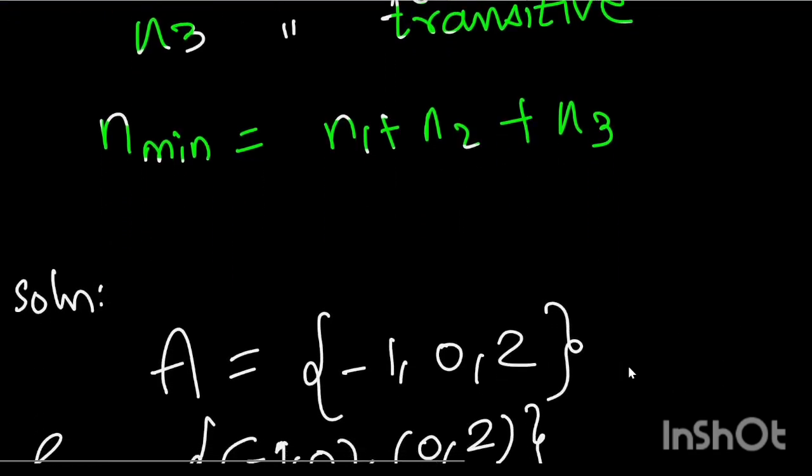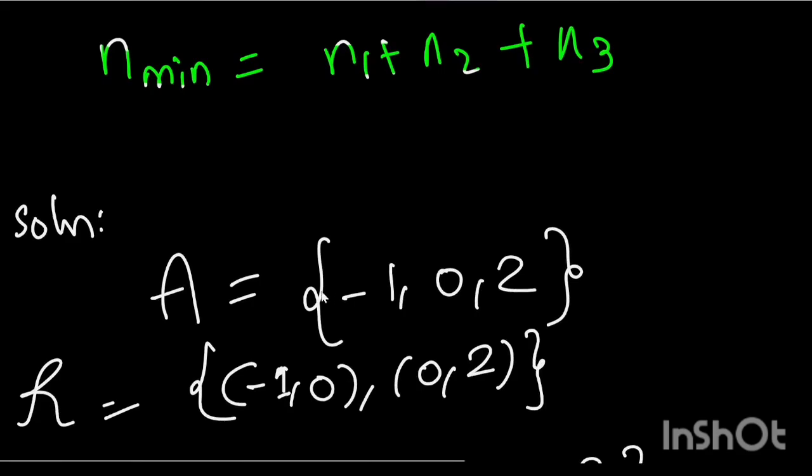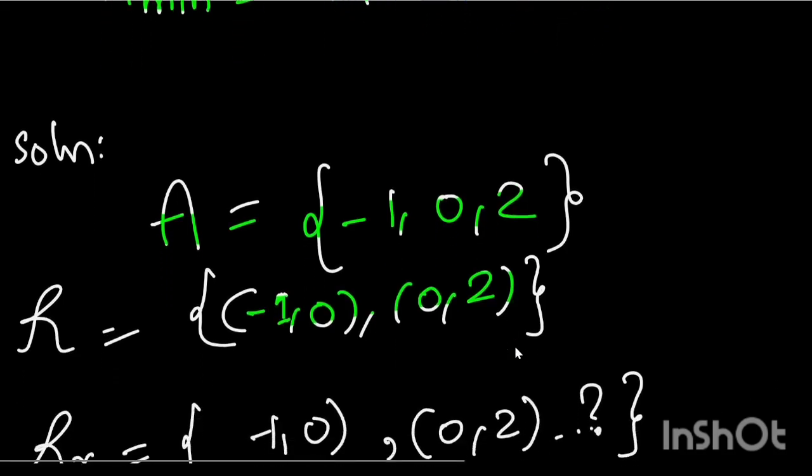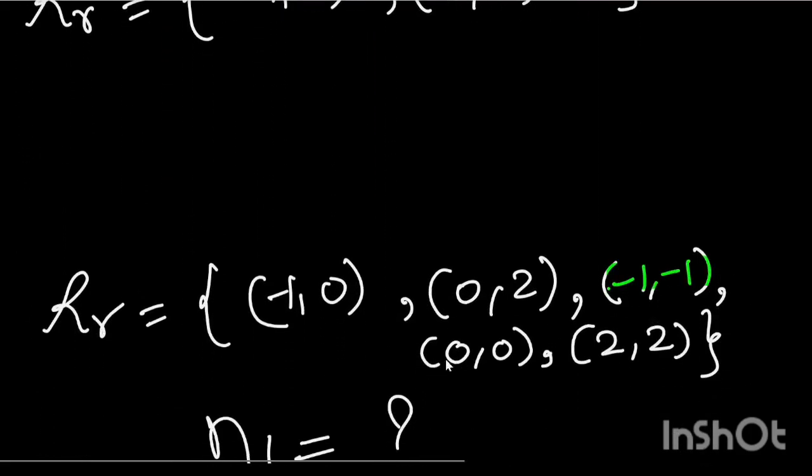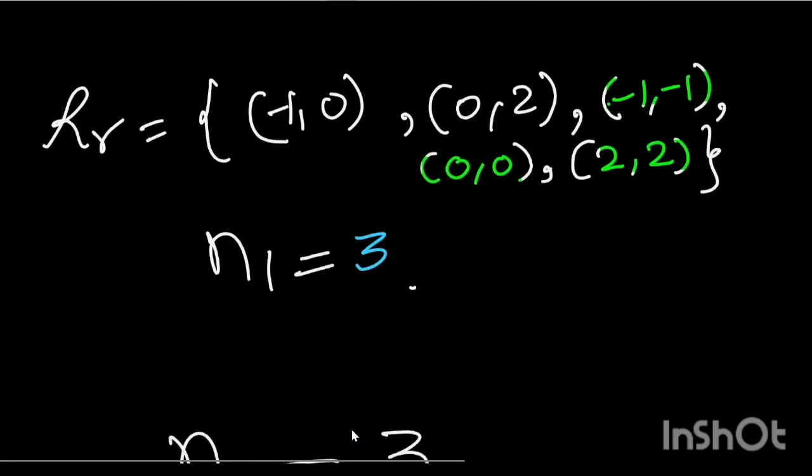Okay, so the solution goes like this. In the set with minus 1, 0 and 0 comma 2, clearly for a reflexive relation the elements of the type minus 1, minus 1 are not present, so we need to add 3 elements: minus 1, minus 1; 0, 0; and 2, 2. So N1 is 3.